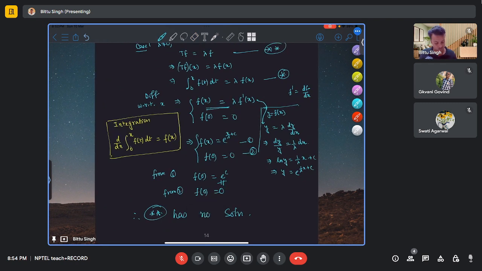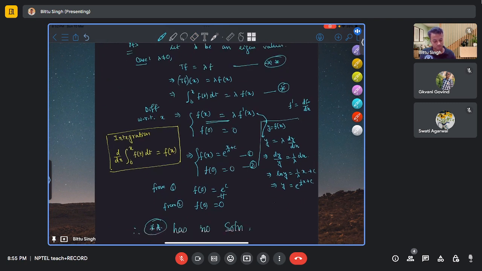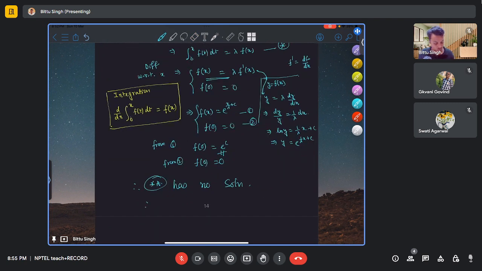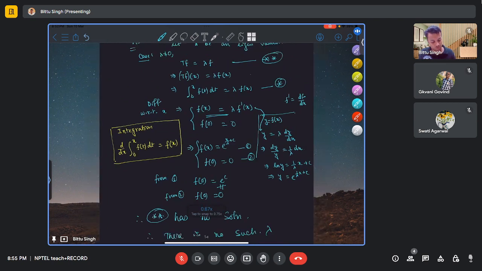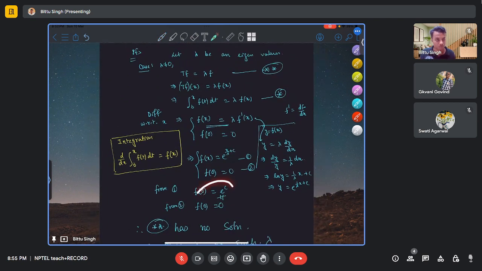So there is no such lambda. If there is some lambda, then it will create an issue. It will contradict the fact that e to the power c is non-zero. Is it okay up to this?